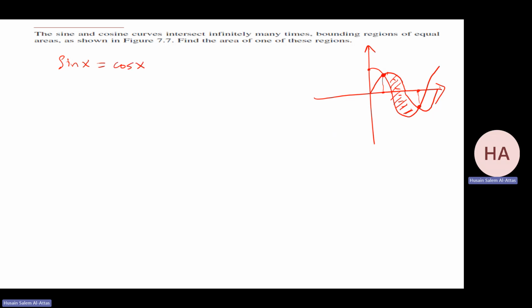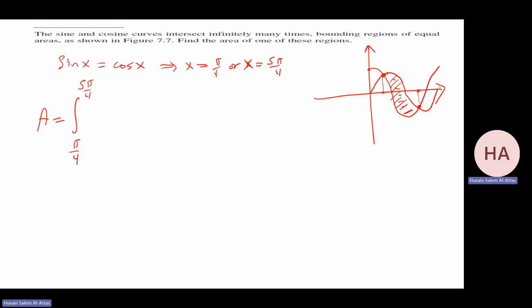When sine equals cosine, for sure I have x equal pi over 4 or x equal 5 pi over 4. You can do it in another cycle, but let us do it in the first cycle. It will be easier. So the area will be the integral from pi over 4 to 5 pi over 4 of what?